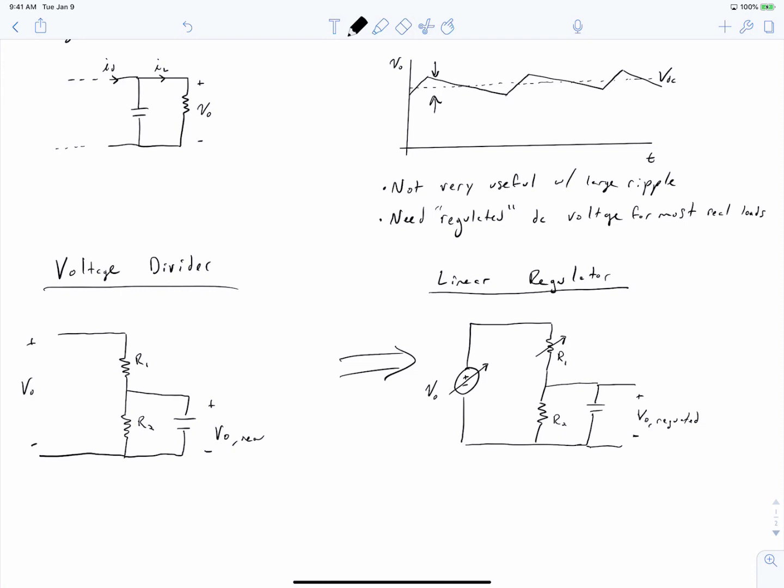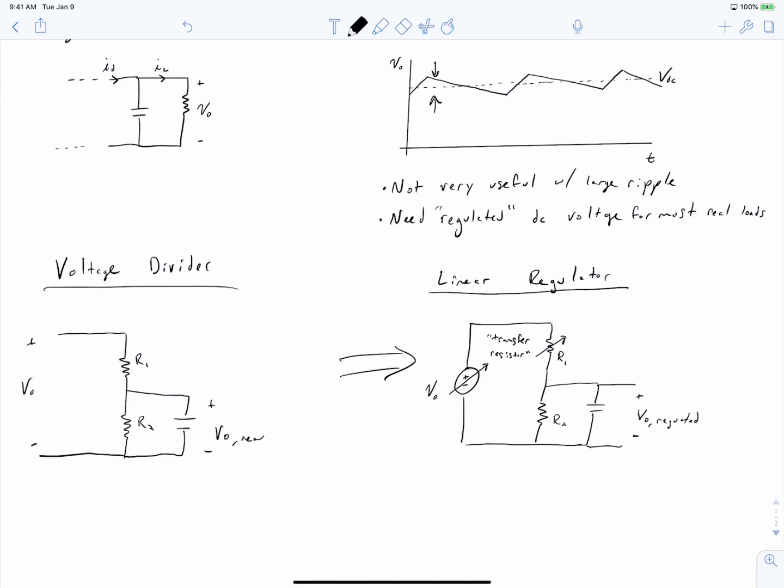In fact, I'm going to term this as a transfer resistor. Transfer resistor because we're able to electrically control the value of the resistor. If we can control the value of this resistor, we can change the mapping of our V out regulated to our V input. And the question now that I want to pose to you is, does such a device exist?